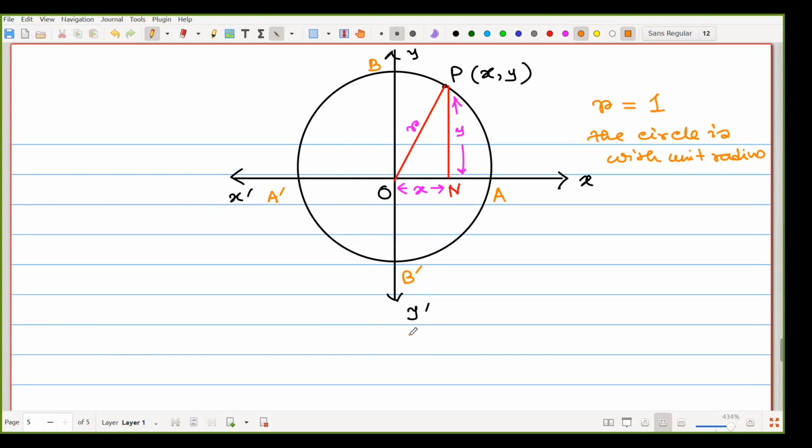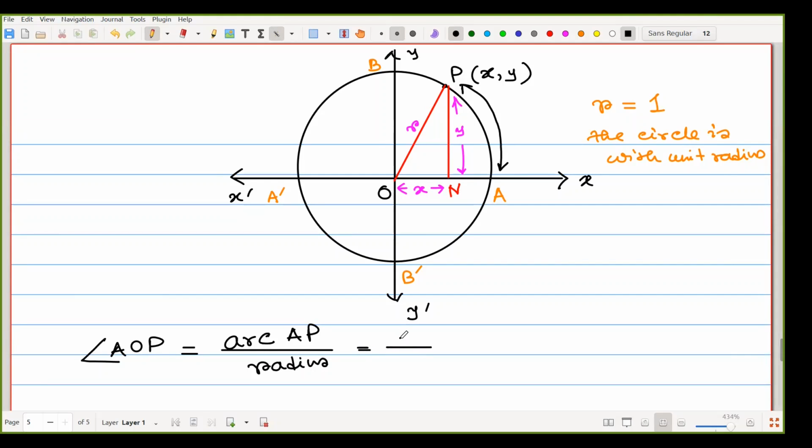So we have angle AOP is equal to arc AP, that is the arc AP, and that is our angle. Arc AP divided by the radius is equal to theta by 1, or theta.